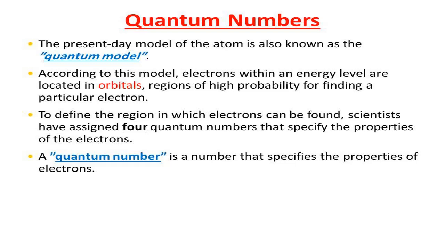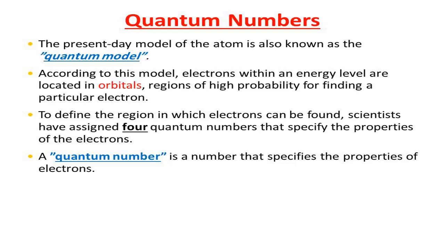After that, a group of scientists came and made another, more recent model of the atom, and they called this model the quantum model. They called it what? The quantum model of the atom.